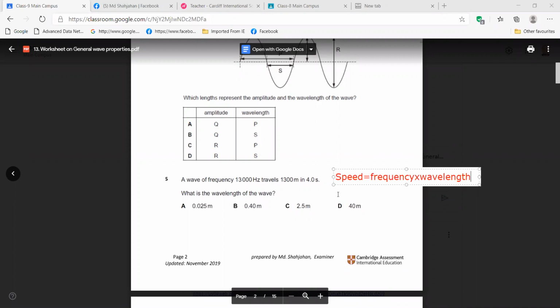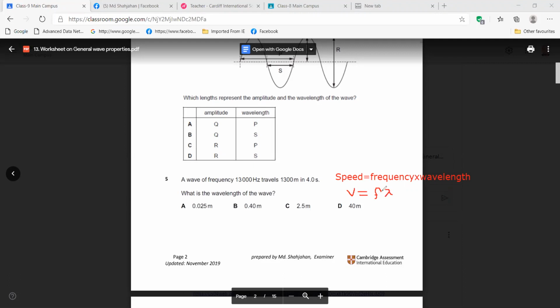So your wavelength you have to find, right? This formula we can also write in short. Also write it in symbolic form to make your life easier: V equals F lambda.